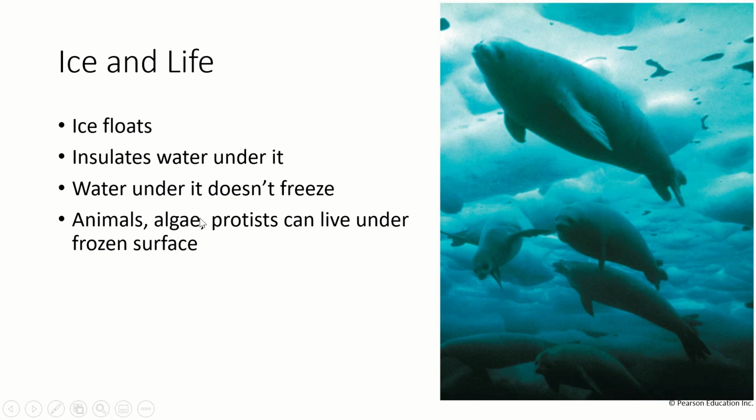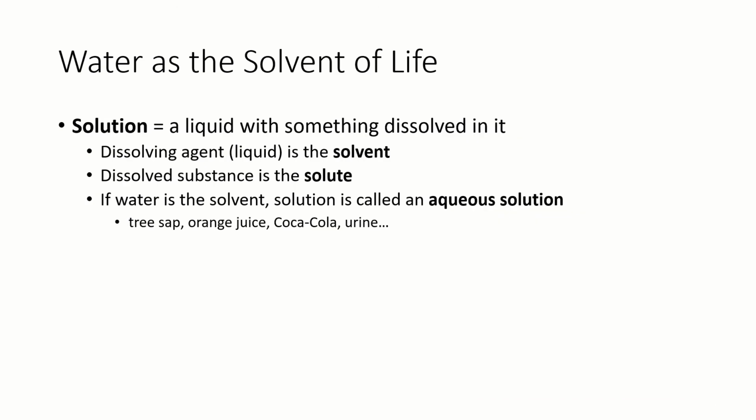And so lots of animals, algae, protists can live under the frozen surface of lakes and oceans while the water is frozen, because the ice floats on top. If ice were more dense, it would sink to the bottom. But ice is less dense than liquid water, so it floats on the surface. How cool is that?